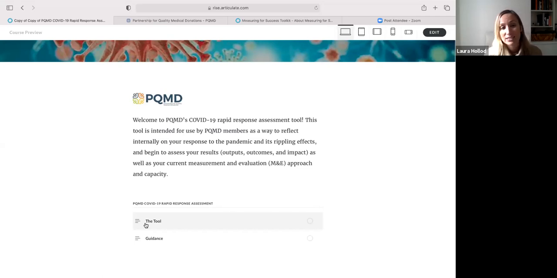Where we ended up is really a tool for organizations to walk through a process together of capturing what data you have available already, assessing your own measurement and evaluation approach toward your COVID response, and benchmarking yourself along a journey in terms of where you are in the response and your capacity to understand, measure and report on that response.